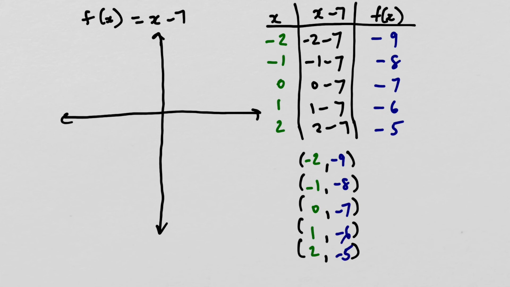Okay, I'm color coding this so you know which ones are x's and which ones are y's. Okay, so now I'm going to put my hash marks: 2, 4, 6, 8, 10.